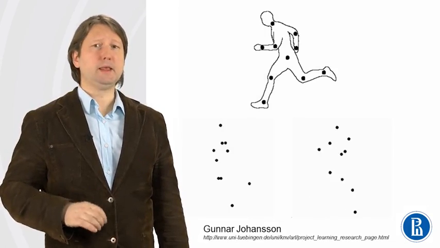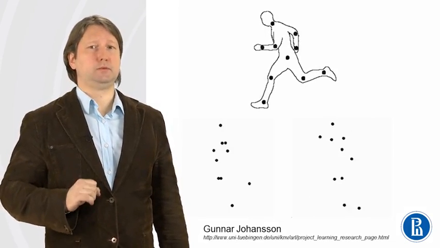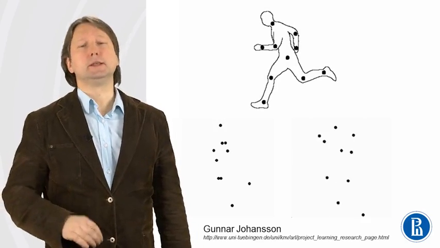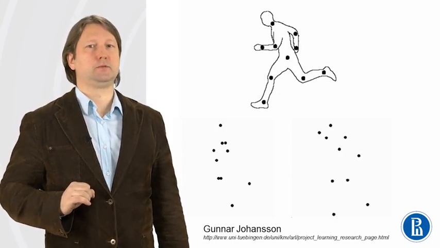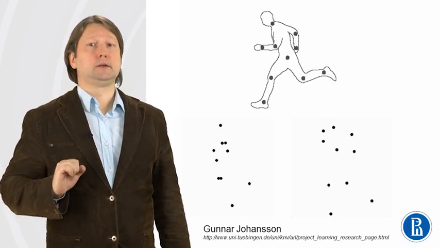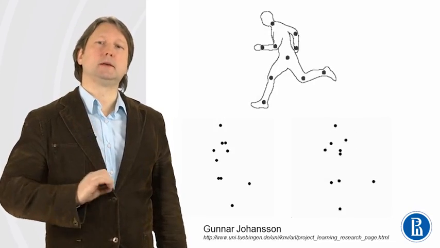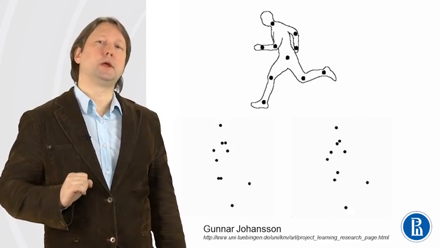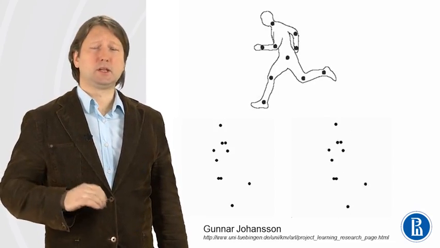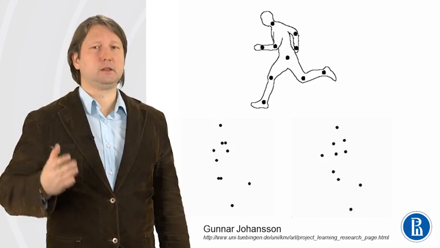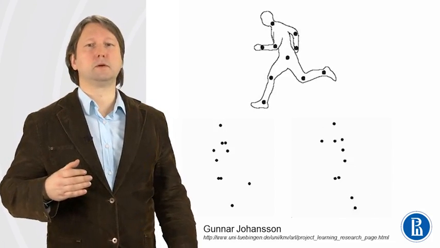So our brain is very sensitive to motion. We have specialized neurons that are particularly sensitive to motion information. And this very nice technique illustrates the specialization of our brain for moving information. Actually, our brain can extract a lot of complex information from moving patterns.